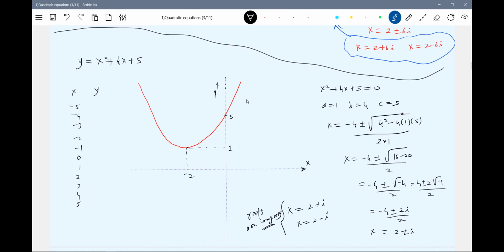That we already know. So now, no x-intercept. If you want, you can write a comment: roots are imaginary, so therefore no x-intercept.